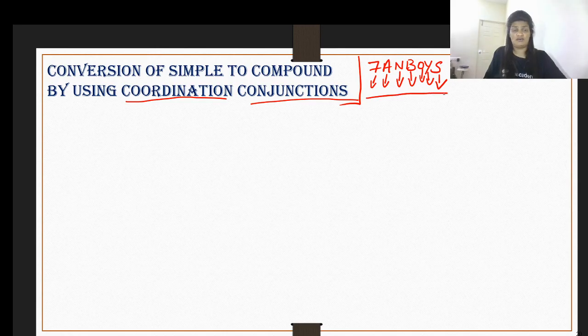So you have to follow or apply two rules over here when you are converting the sentence from simple to compound. Number one, a simple sentence has only one subject and one finite verb, but it will definitely have a phrase, and that particular phrase needs to be separated, and you will have to convert that phrase into a clause by introducing the subject and the verb and adding any one of these coordinating conjunctions.